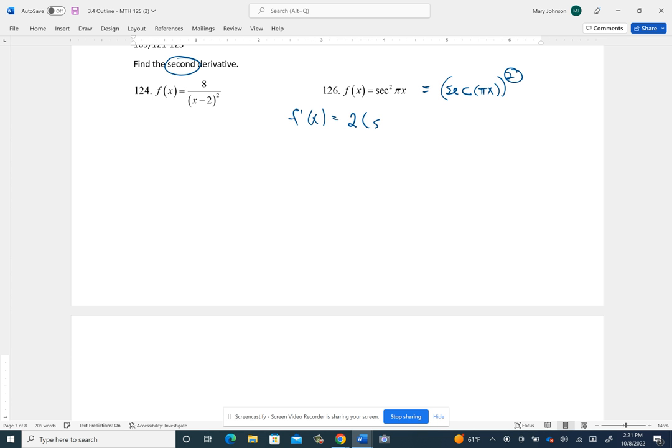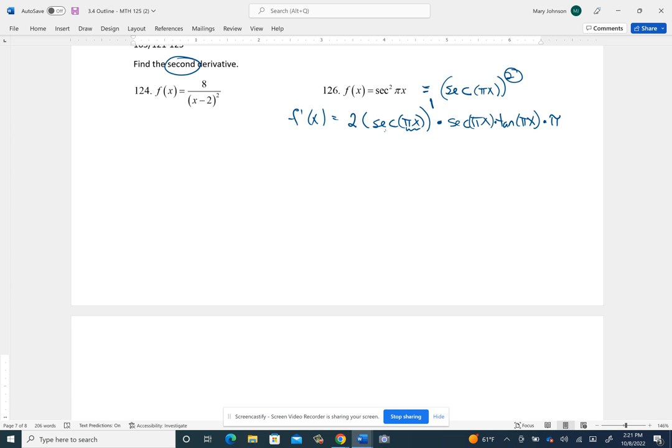You bring down the 2, keep secant pi x, and then 2 minus 1 is just 1. Then you multiply by the derivative of the inside: the derivative of secant, which is secant of your input times tangent of your input.